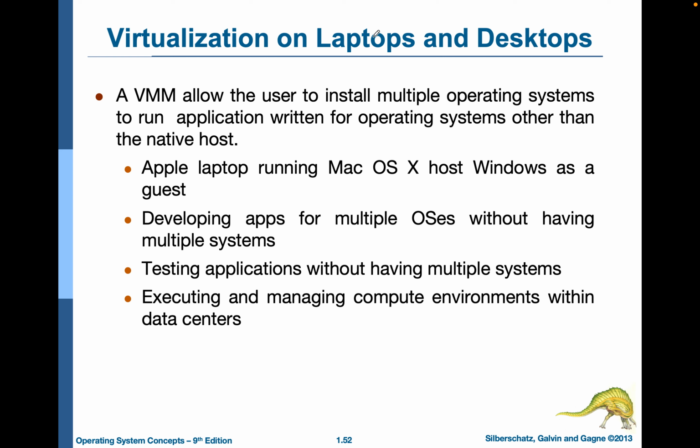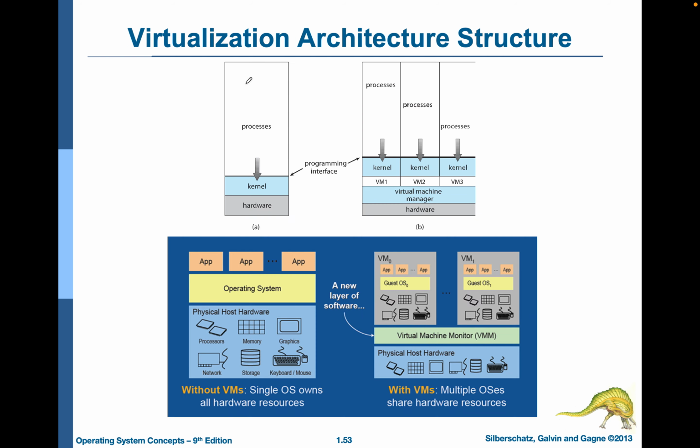Virtualization can be on top of your laptop and your desktop itself. So it allows the user to install multiple operating systems on one device. You can see here, maybe you can have Mac OS and also Windows on one device. So that is in terms of virtualization computing.